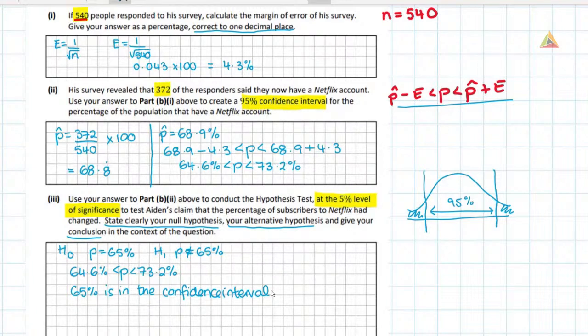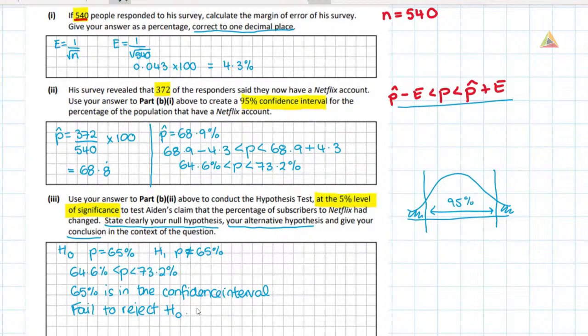It appears that the 65% could still be the right answer because it's in that confidence interval. So 65% is in the confidence interval, so we're going to fail to reject H0.